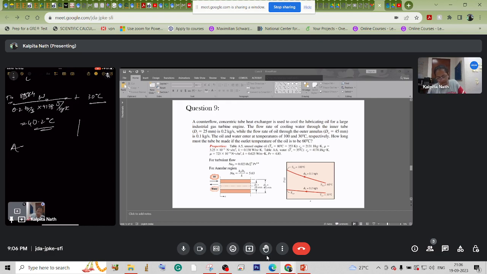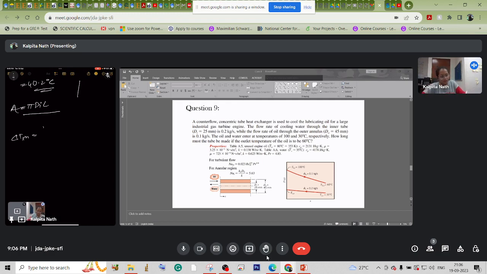Now, area we know: surface area is pi Di L for the inner surface. The log mean temperature difference is equal to (Thi minus Tc naught) minus (Th naught minus Tci) upon ln of (Thi minus Tc naught) upon (Th naught minus Tci).